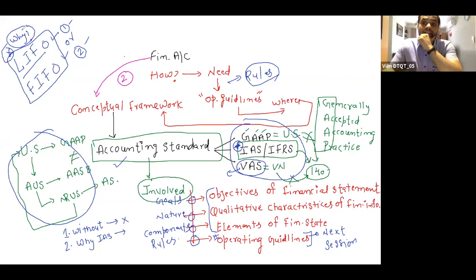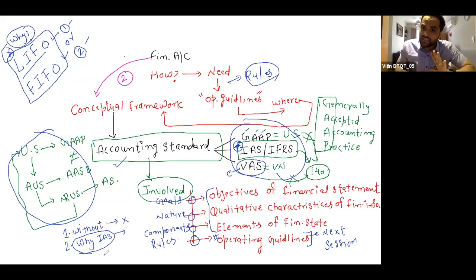So you can see that there's a kind of inconsistency between two accounting standards. That's just an example of inconsistency. It's an example of complexity that could arise if country change, accounting standards change, right? So in order to avoid such kinds of complexities or inconsistencies or any kinds of obstacles to record the financial information, we have IAS.